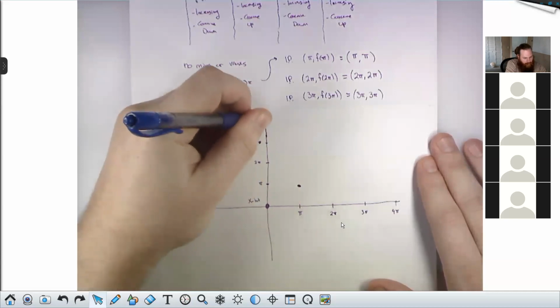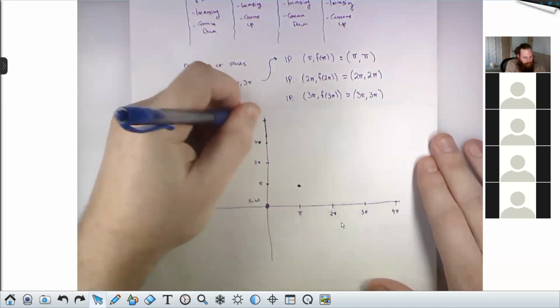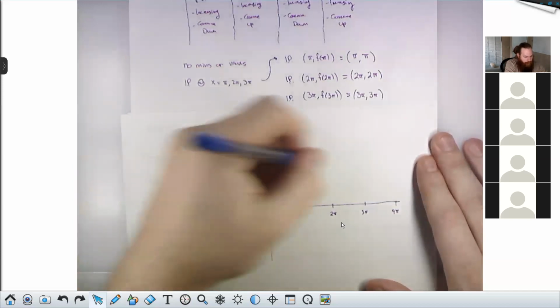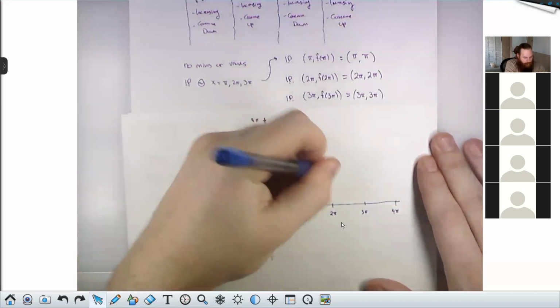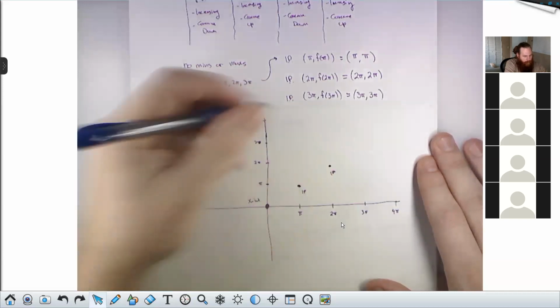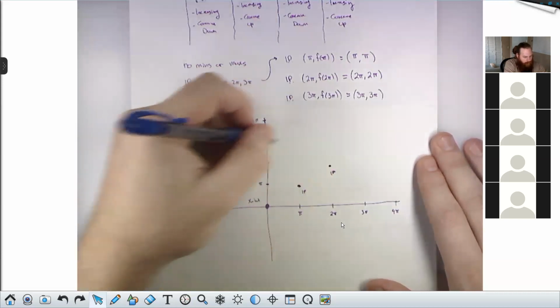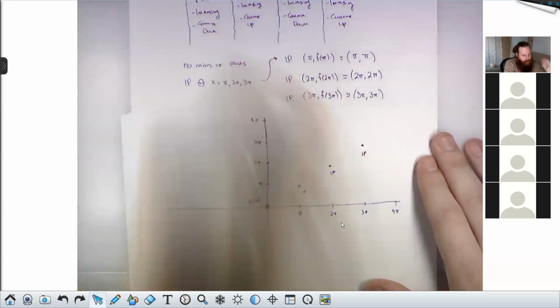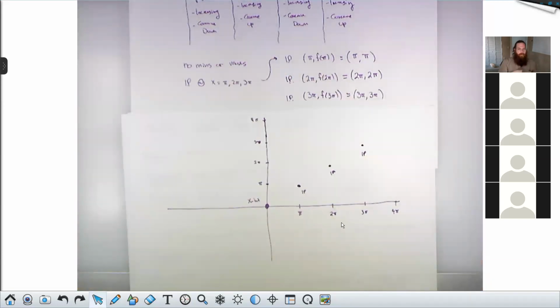And I'll mark these same units off here. So I know that this is an IP. I know that 3 pi comma 3 pi is an IP. 2 pi comma 2 pi, sorry, 3 pi comma 3 pi. And 4 pi comma 4 pi we haven't talked about, but we would hit the same thing there.